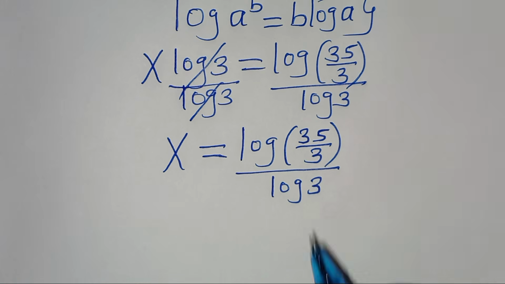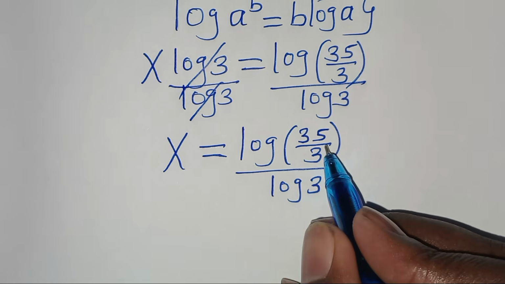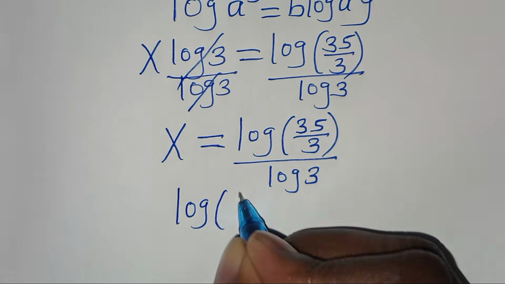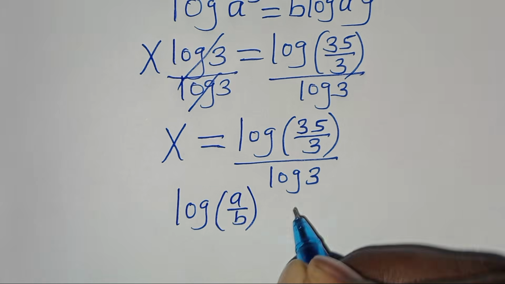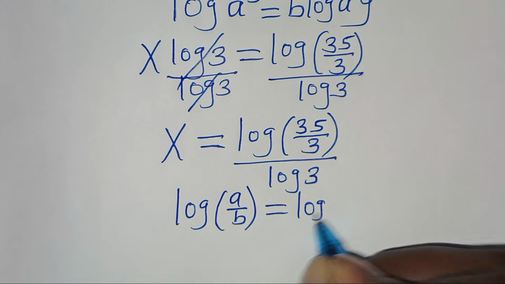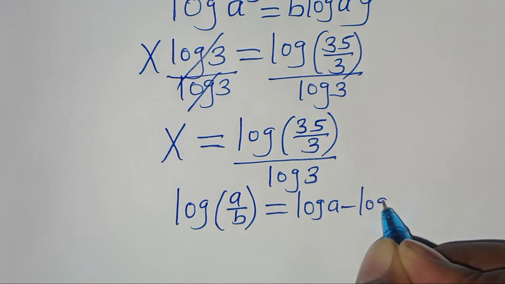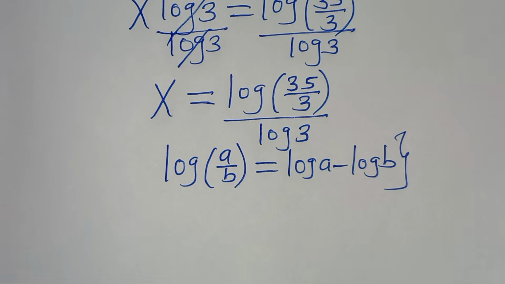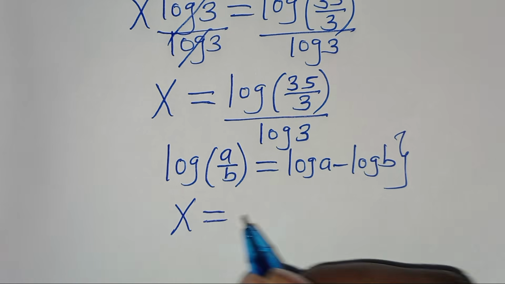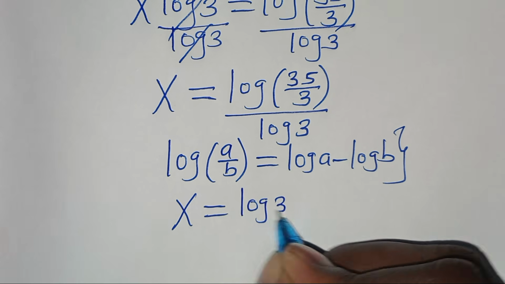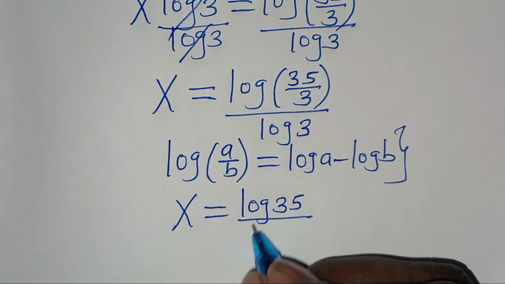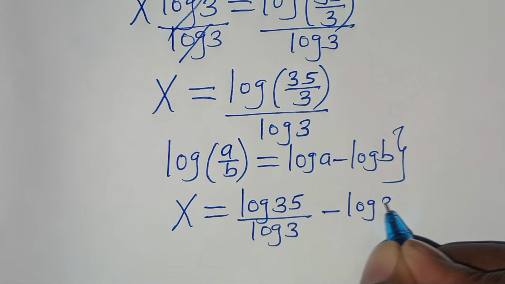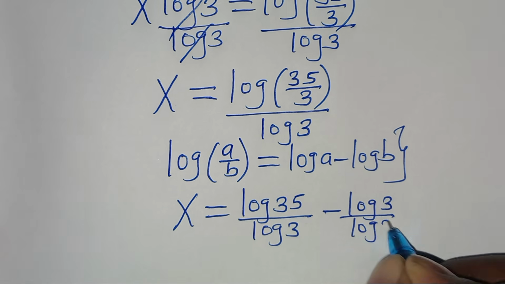Now the next step is that log 35 over 3 is actually in the form of log a over b, which can be expressed as log a subtract log b. Applying this logarithm property, then we have x is equal to log 35 divided by log 3, then subtract log 3 divided by log 3.